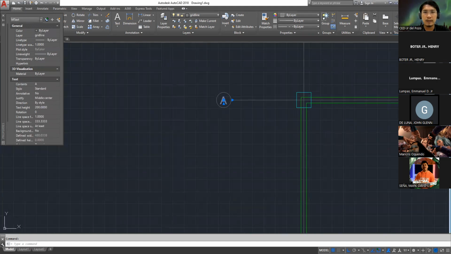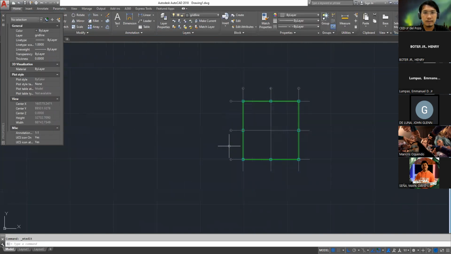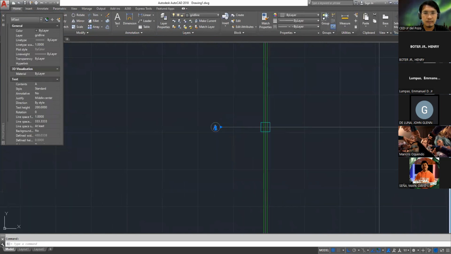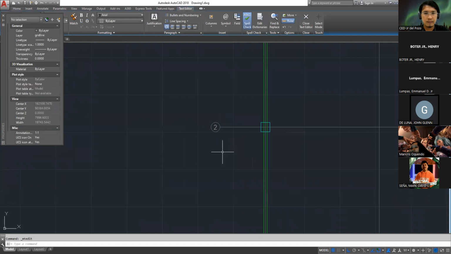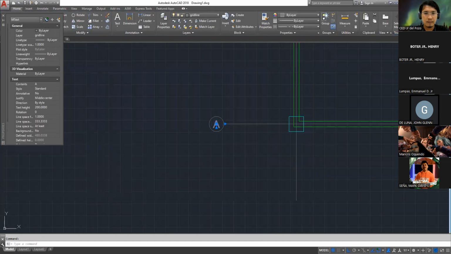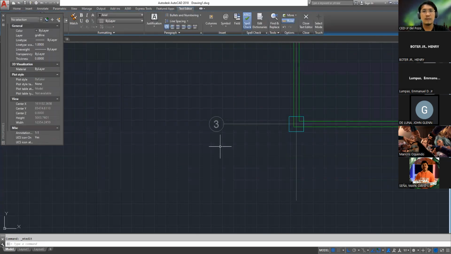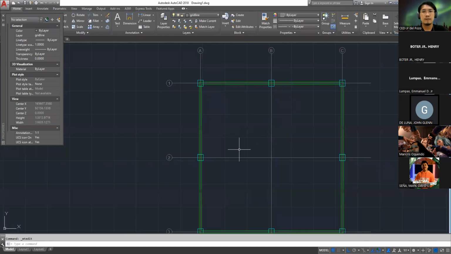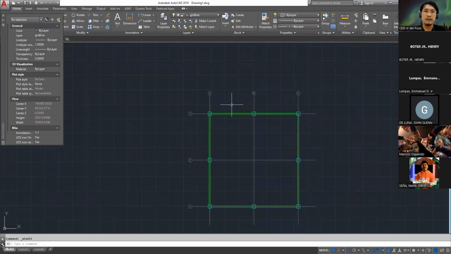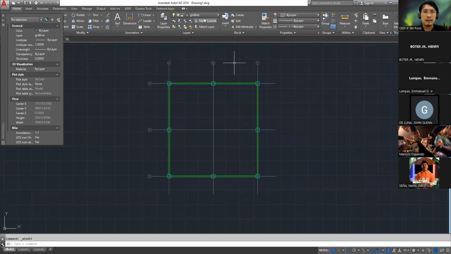Ito ay magiging number na. Okay? Then, yeah, that's it. Tapos na tayo sa grid line.